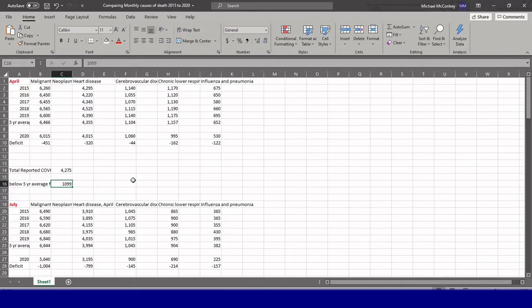So it's reasonable to assume, given this not insignificant drop in deaths from these 5 illnesses, that it's possible that as many as a quarter of the reported COVID deaths may have actually been the result of people dying from these other things, from heart disease or stroke or whatever, rather than actually dying from COVID, right?